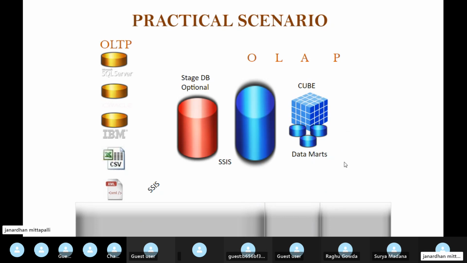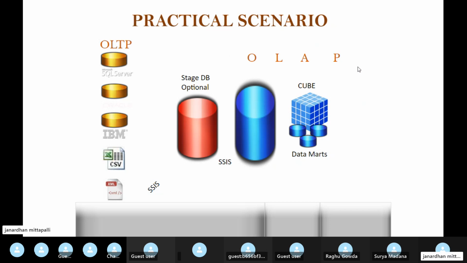Usually OLAP has a large volume of data since they store historical information. Historical information is like storing previous data also, from the starting of the business. Maybe you started in 1950s or 2010 or 2005. From that day you are going to store your data into OLAPs.